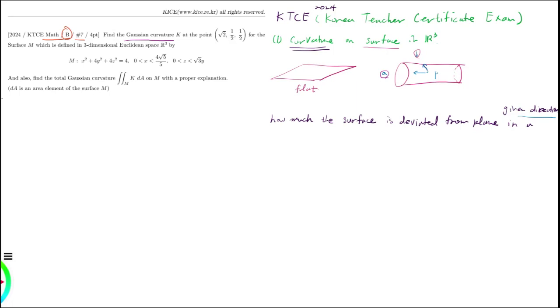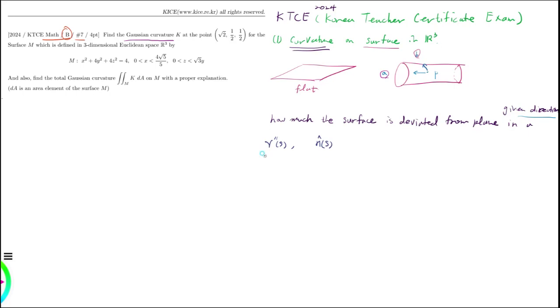In direction B, the surface is certainly curved, and the information of how much the surface deviates from the plane is contained in the second derivative of the curve in that direction and its normal vector.